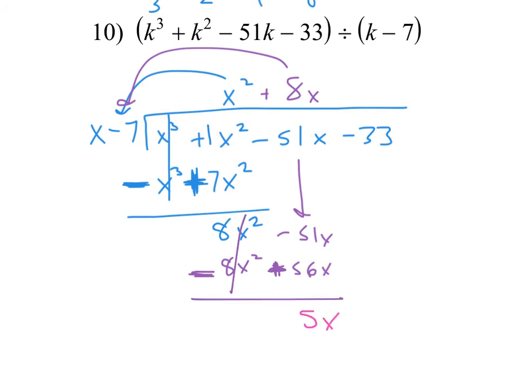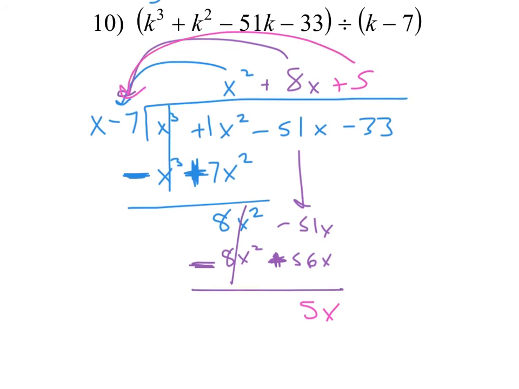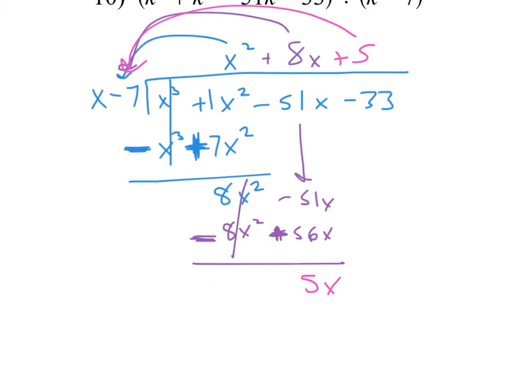So what times x gives us 5x? 5. Once we write a number up top, what do we do next? Multiply to both things outside. So what's 5 times x? 5x. And what's 5 times negative 7? Negative 35. Yep.